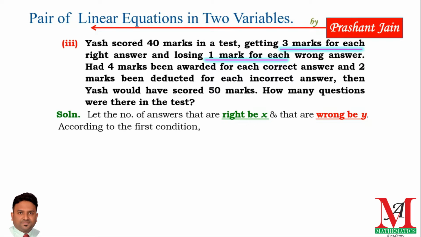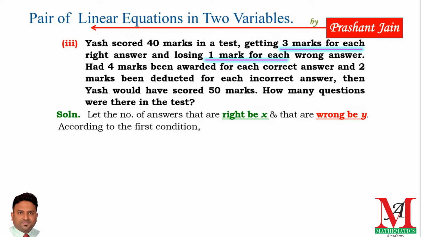According to the first condition, we see that 3 marks are given for each right answer and 1 mark is deducted for each wrong answer. It means whatever we get is credit, and whatever we lose is debit.